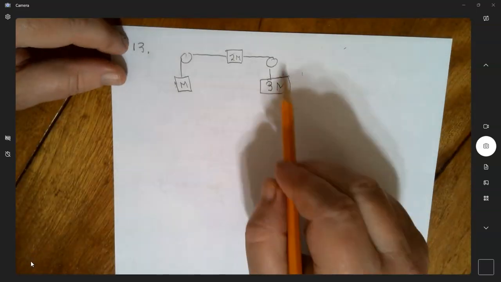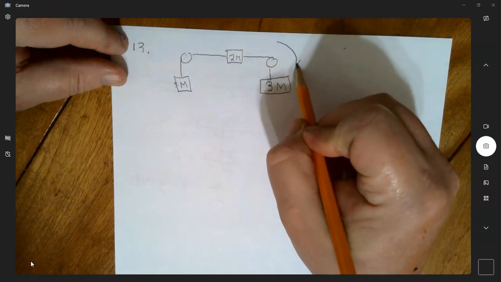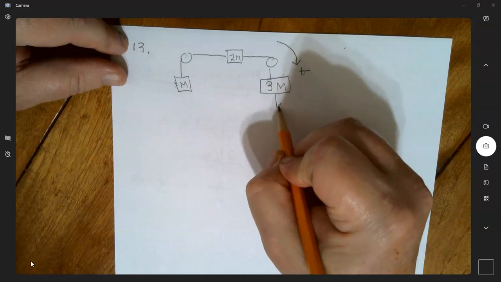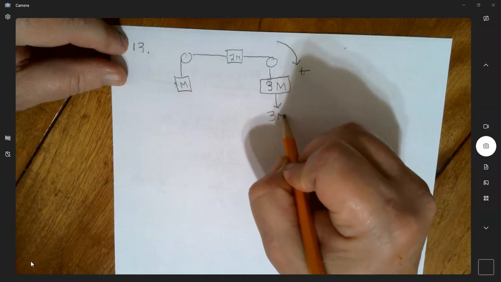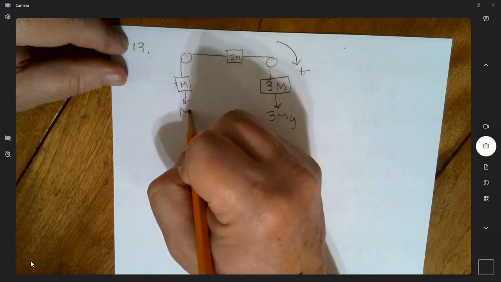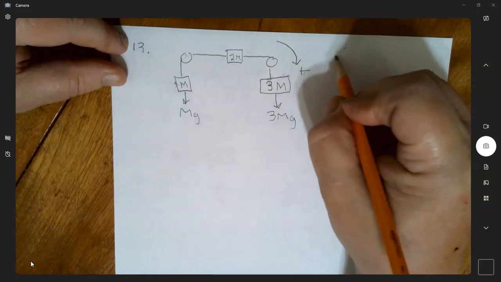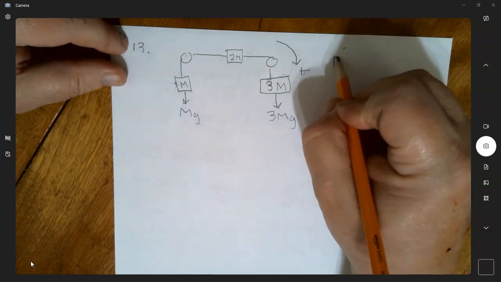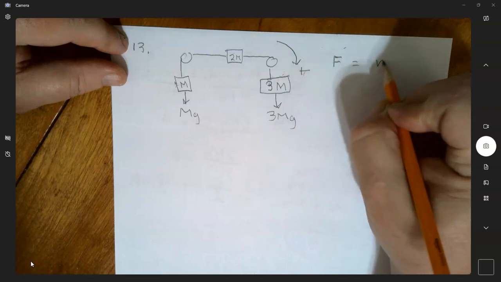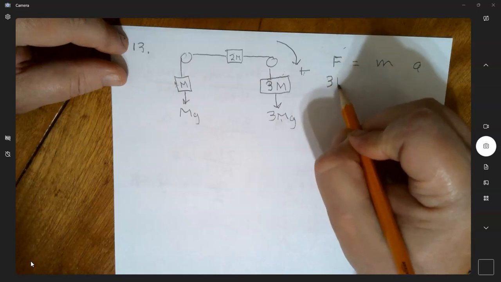Okay, do the one system. So this is 3m, this is m. So we're going to say positive is going to be moving this way. 3mg. In the negative direction is mg, but we just call it mg here. Okay. So we're going to come up here, F equals ma. Now we have, yeah, that's it, F equals ma. So the m is 3mg minus mg.